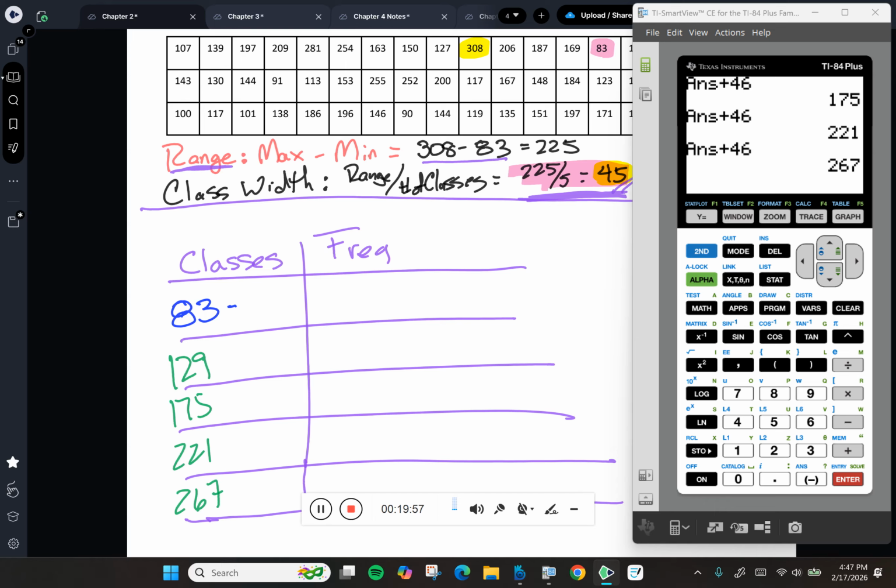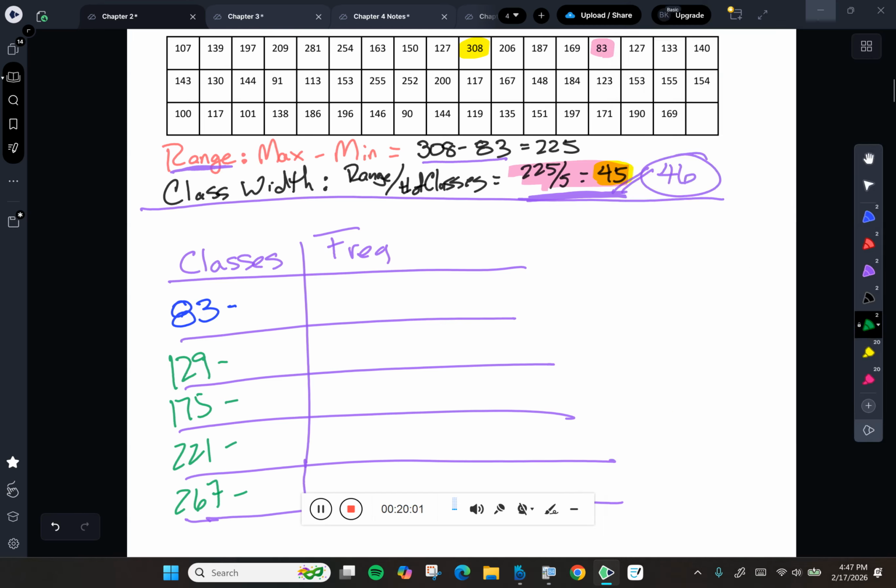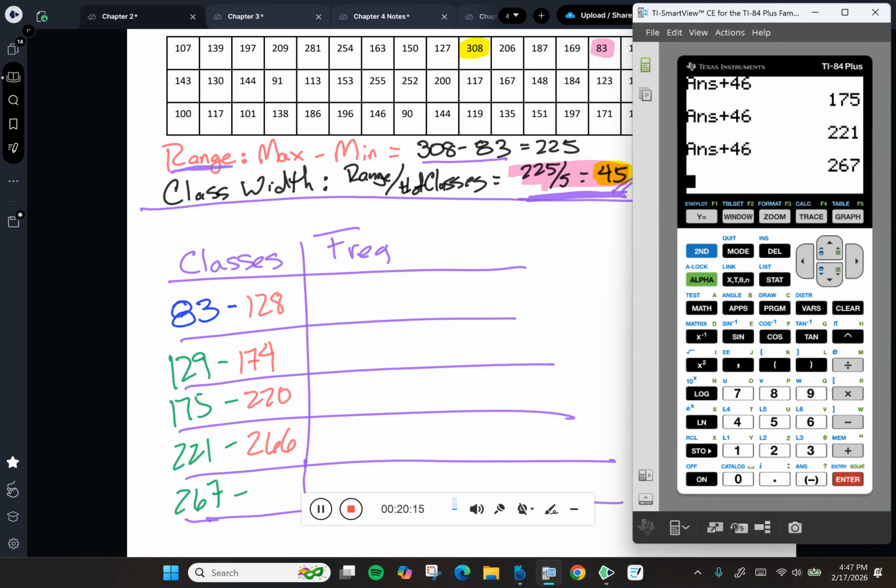And then to find the upper class limits, this will be 128. This will be 174. This will be 220. This will be 266. And then that last one down there will be 266 plus our 46. And now we're at 312.